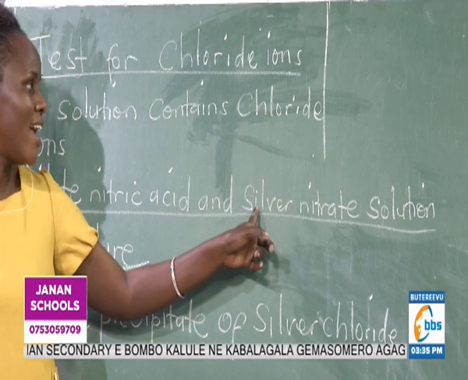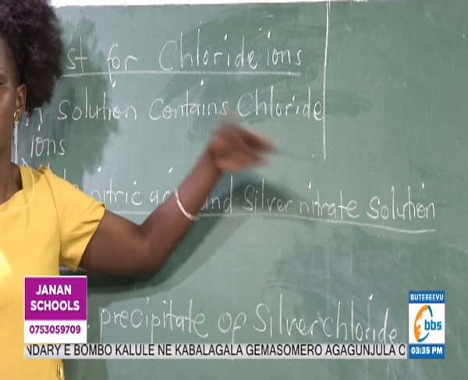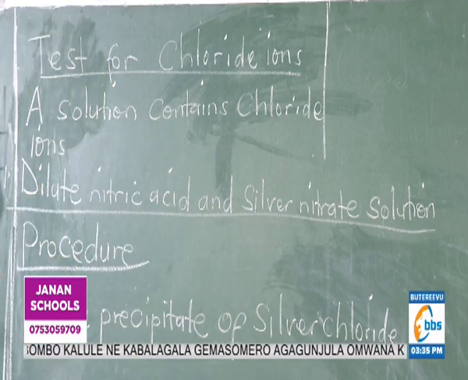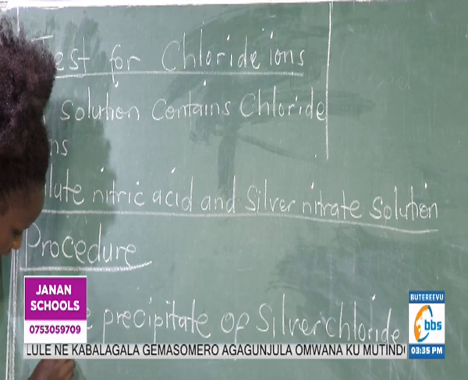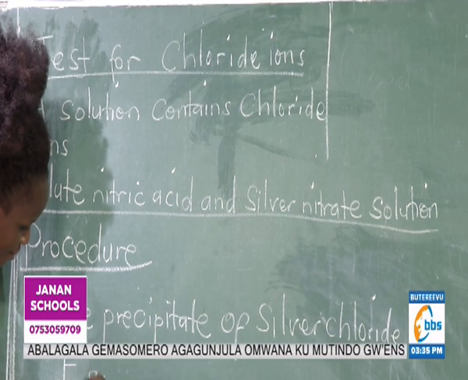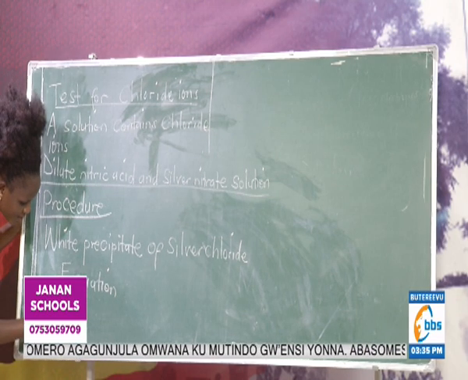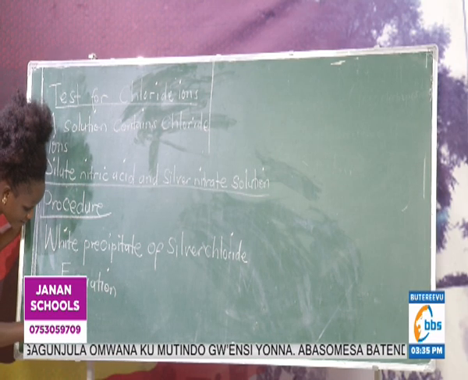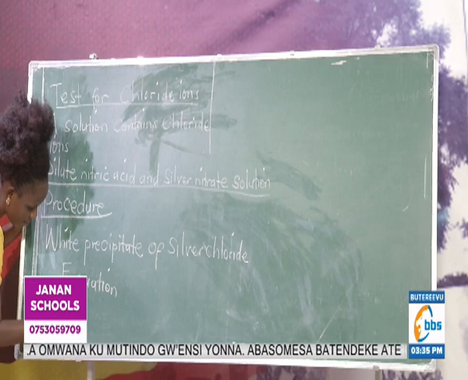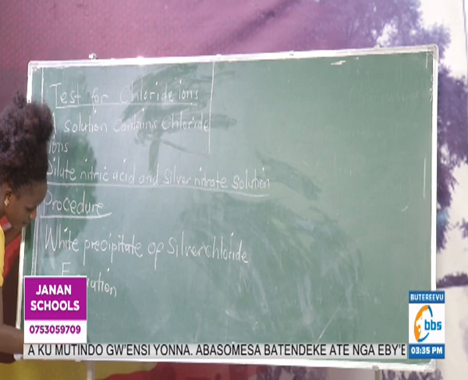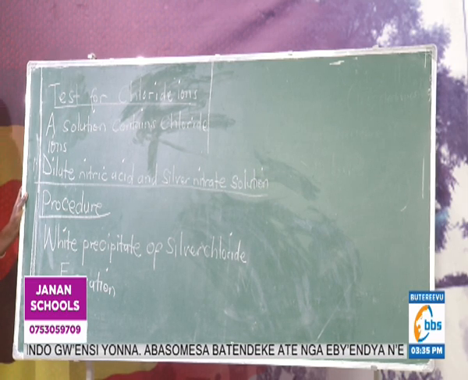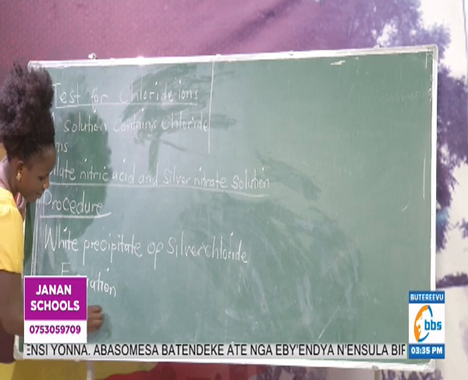Therefore, it is the silver ions that react with the chloride ions to form silver chloride. What will be our equation? Our equation will be: we pull out silver ions from our silver nitrate solution, and then we also get our chloride ions.